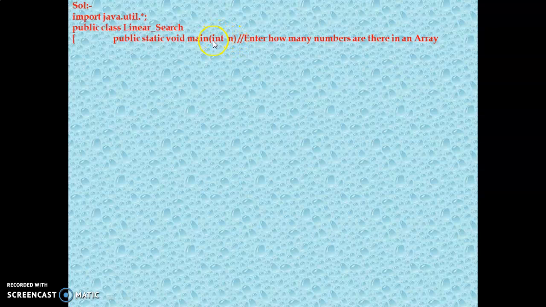So here in main only I take input, using the Scanner class: Scanner sc equal to new Scanner(System.in). Here Scanner is capital, and here System.in, System is capital. Then I take some variable i for the for loop.